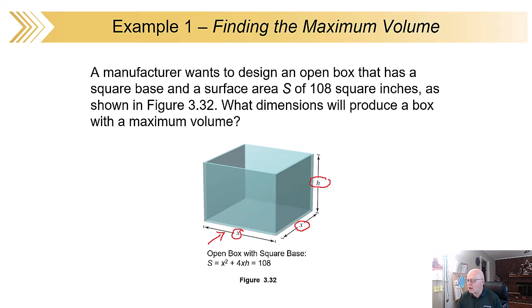So the surface area on the bottom is just x times x, length times width. On each of the sides, you've got x times h, and you've got 4 of them. So that means 4xh. So here's your surface area.